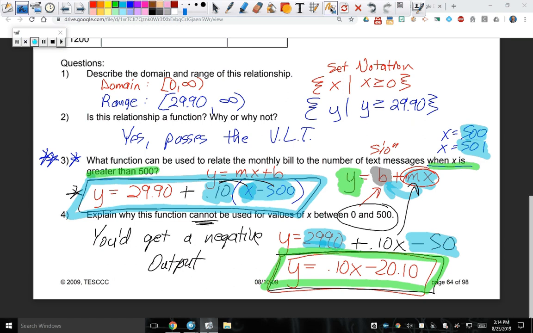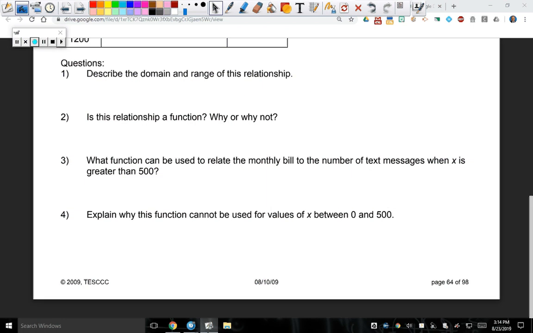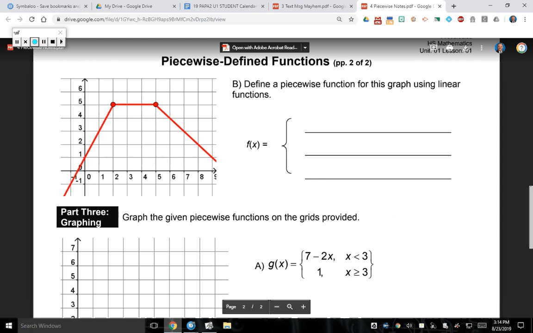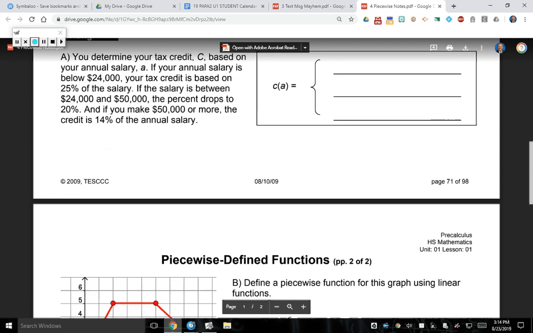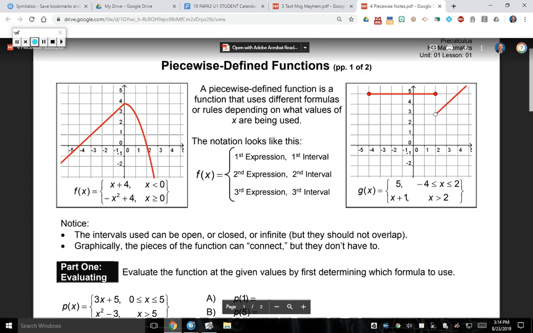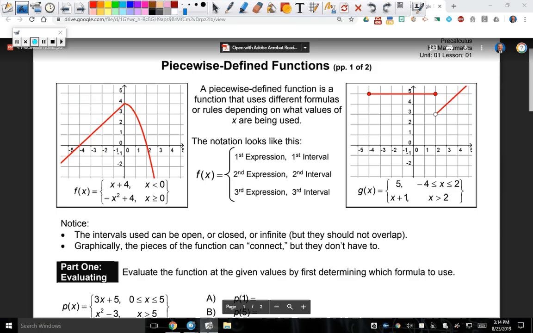Okay, let's move forward. Our next part is the main piece, pun intended, as far as what we're doing today. Alright, we are looking at piecewise defined functions. Now I'm going to try to relate this to something that you might experience on a daily basis so that hopefully you can understand it very clearly.